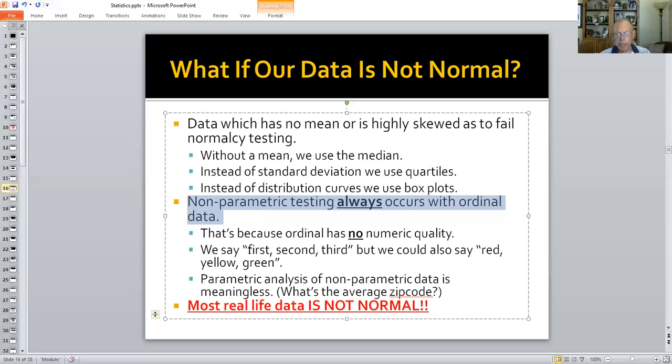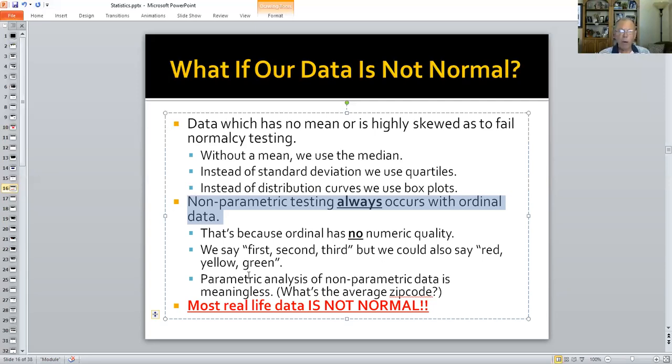If we say in our ranking, and this happens with Likert, Likert is ordinal data. When we say first, second, and third, we could just as easily say red, yellow, and green. Because what we're doing is we're putting them in a rank, and the rank is arbitrary. To do parametric analysis on this is meaningless.